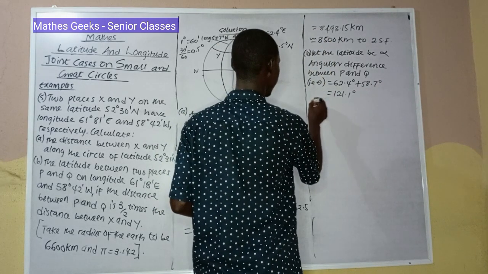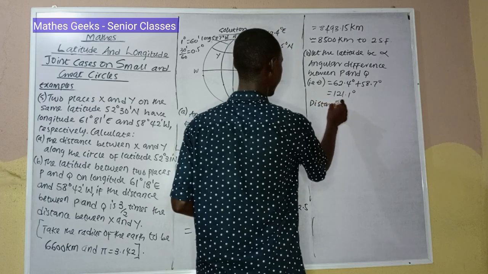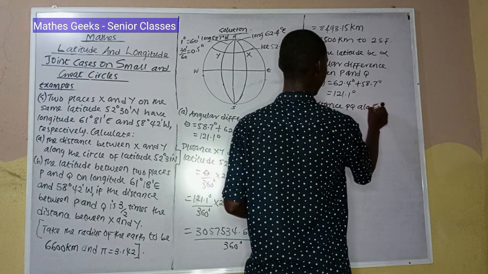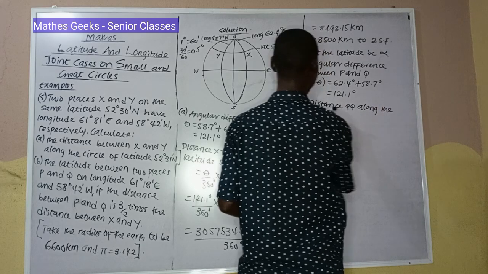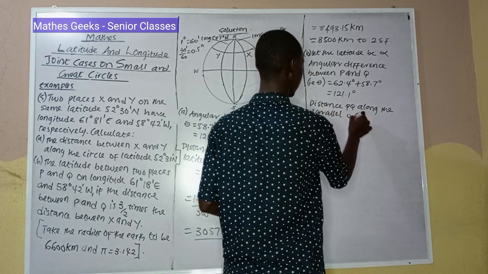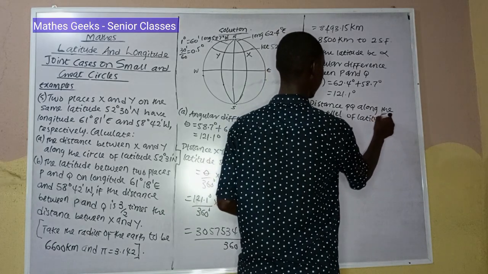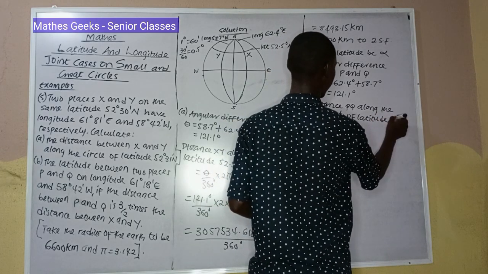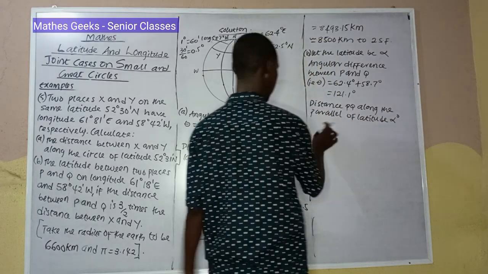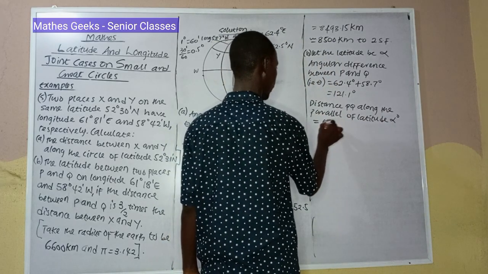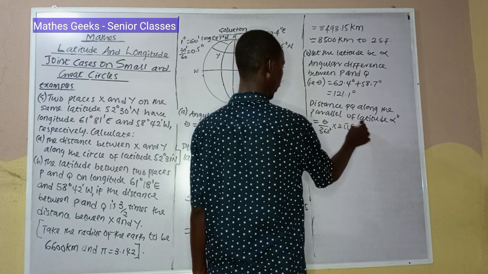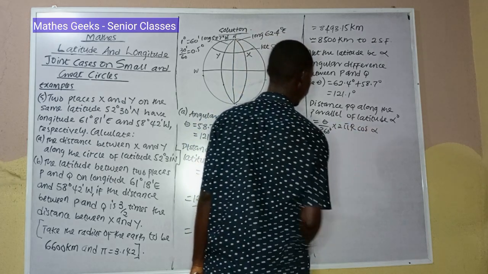So the distance PQ along the parallel of latitude alpha degrees is theta over 360 degrees times 2 pi r cos alpha.